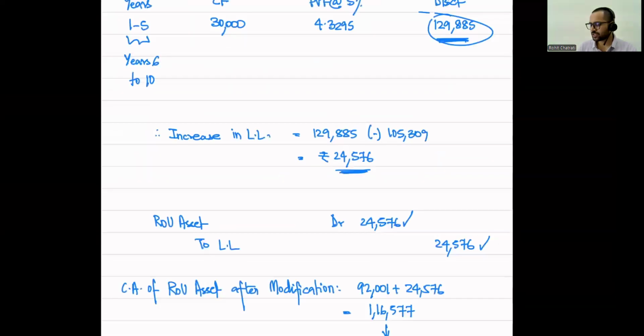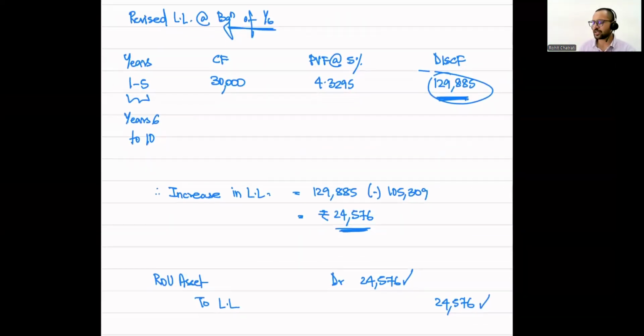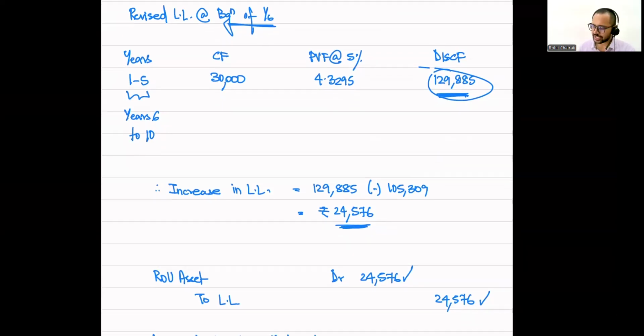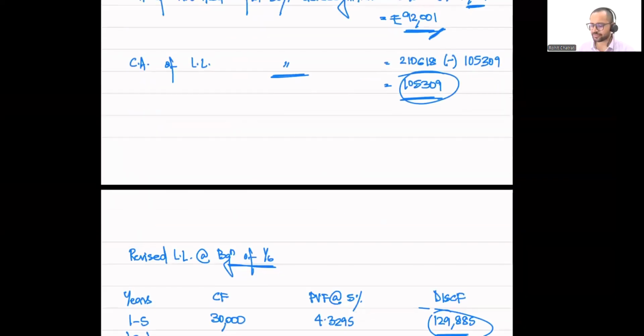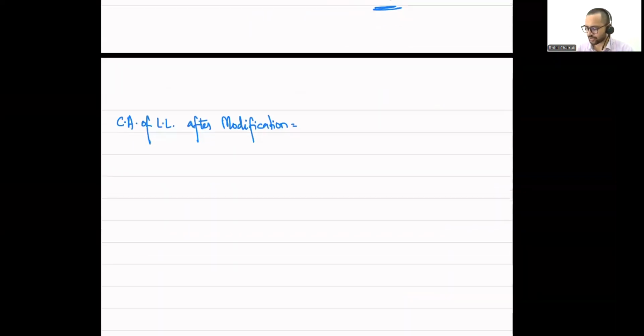The carrying amount of lease liability after modification will be exactly equal to the revised lease liability that we calculated of 129,885. It will be 105,309, which is the carrying amount that existed after derecognition.